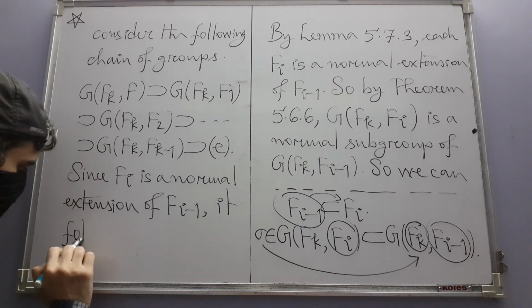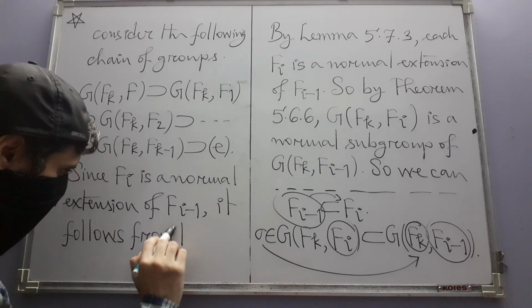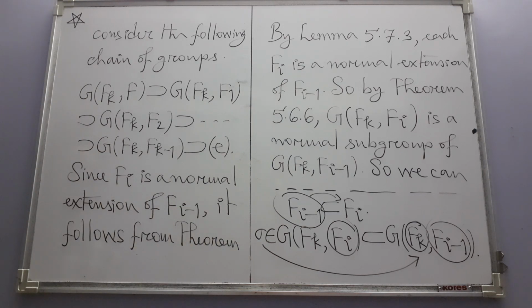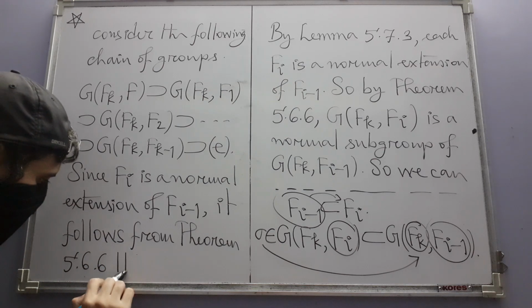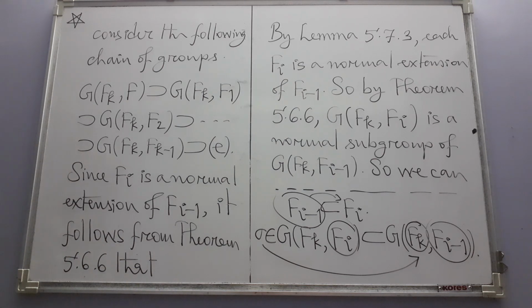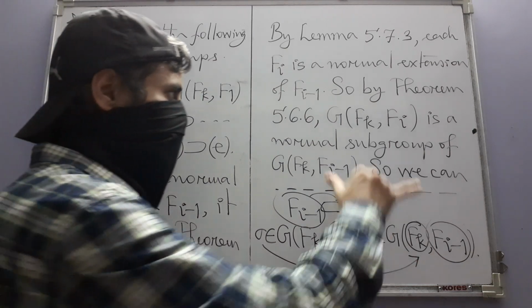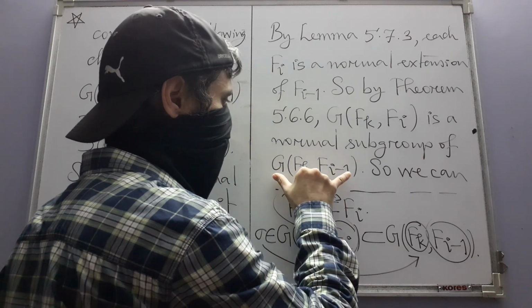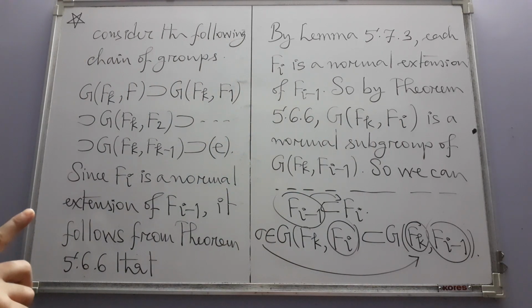It follows from Theorem 566 that now, because this is a normal subgroup of this, we can form the quotient of this by this normal subgroup, and that quotient group will be isomorphic to another group which looks like this.